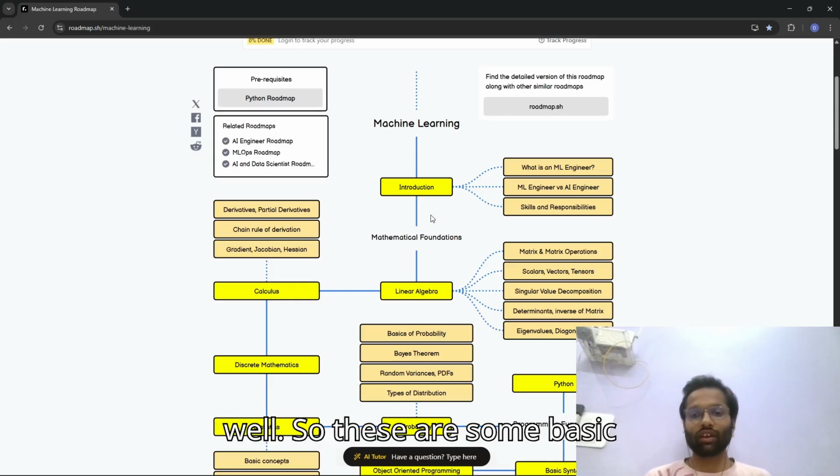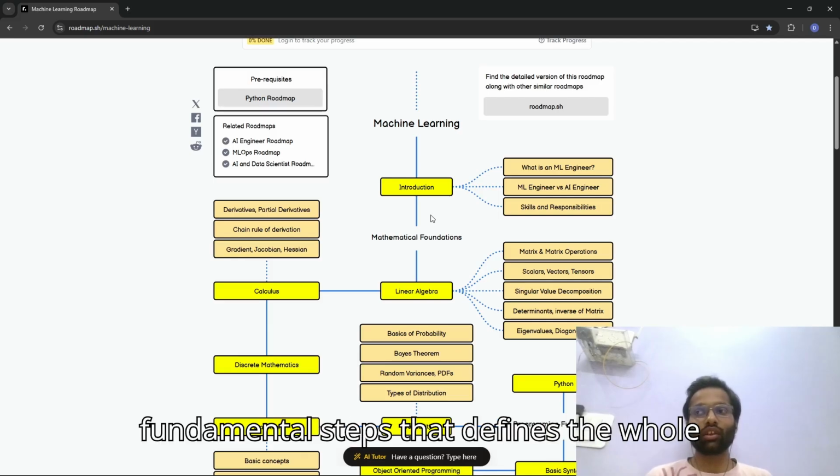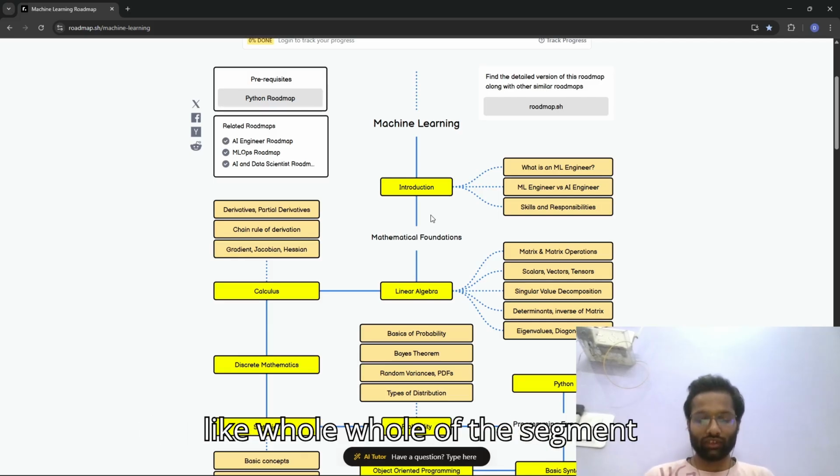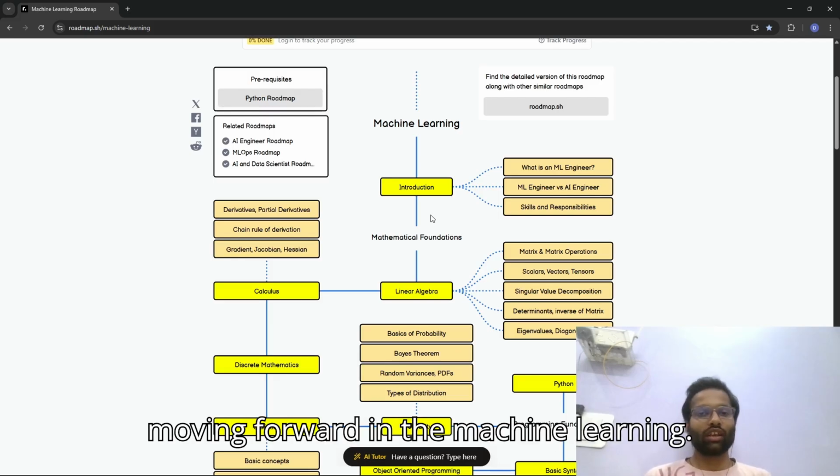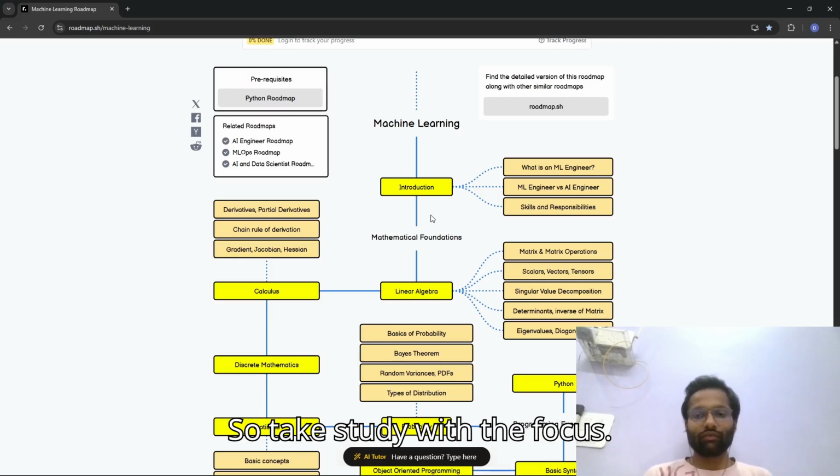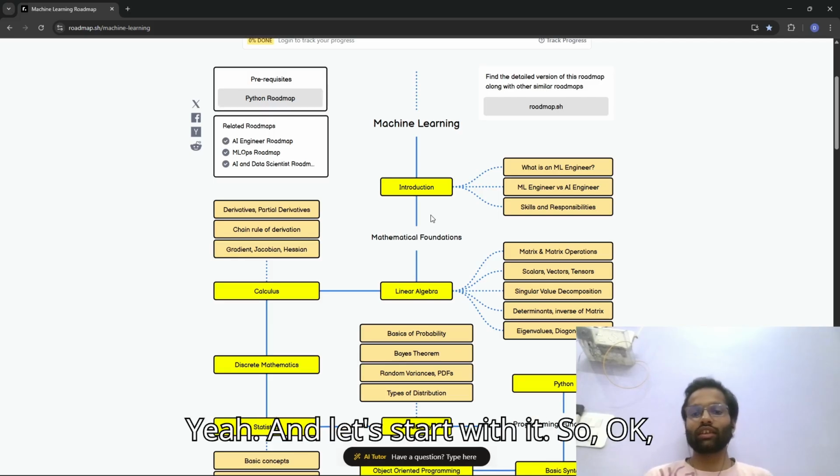These are some basic fundamental steps that define the whole segment moving forward in machine learning. So study with focus here, and let's start with it.